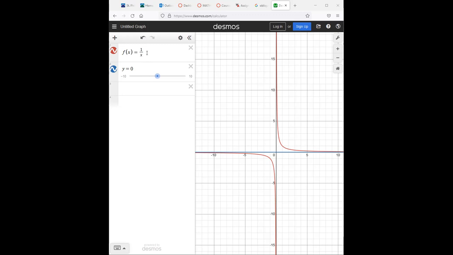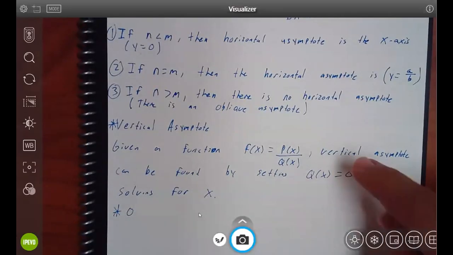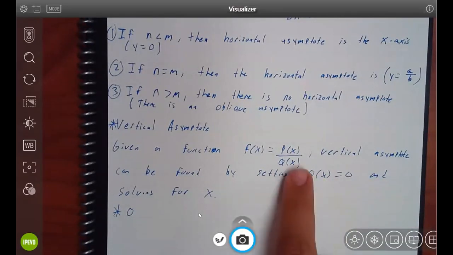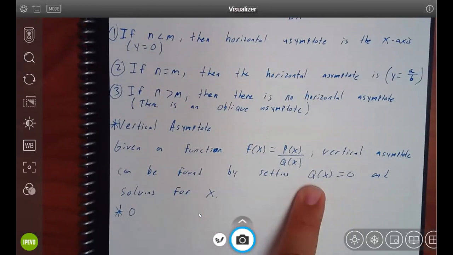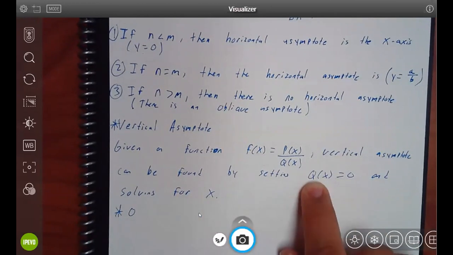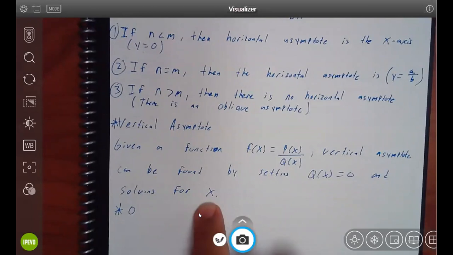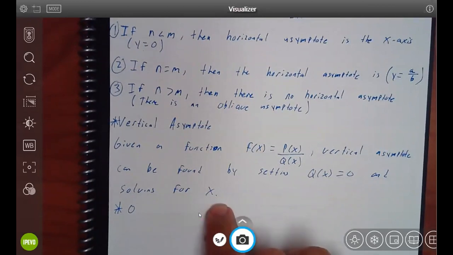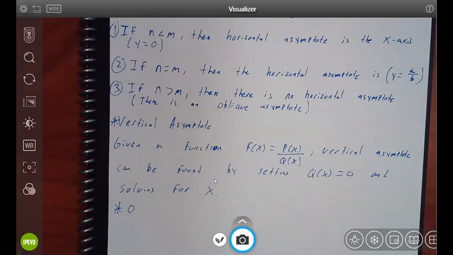So if you read the vertical part here on your notes, we said anything that makes the bottom 0. So if you set the denominator equal to 0 and solve for x, that's going to be the value that creates the vertical asymptote. So in our case, it's just 0. Does that make sense?